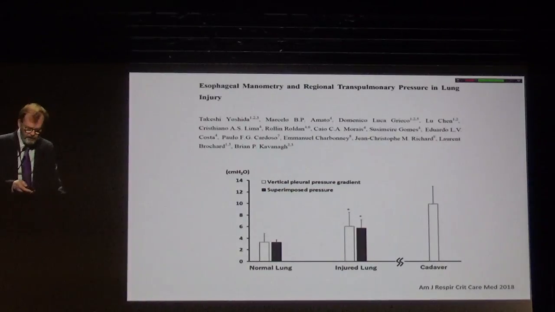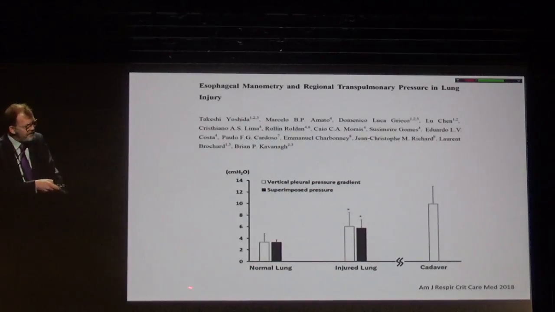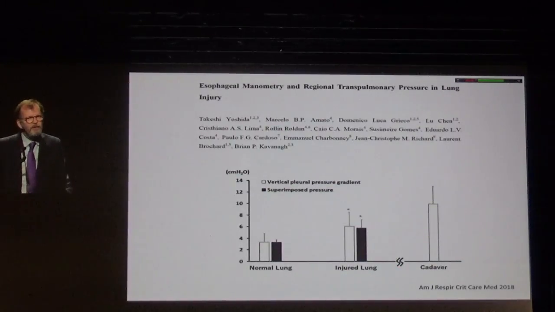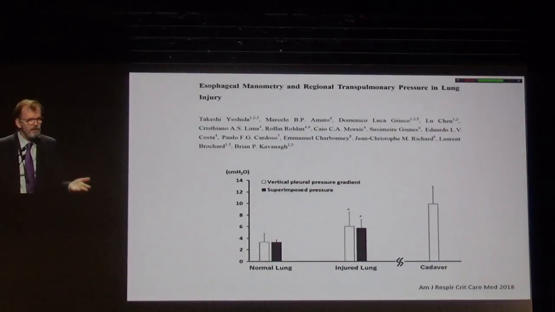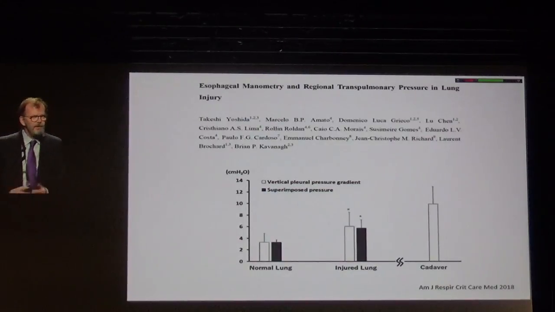So these are data from pigs with normal lung, with injured lung, and also these are data measured in human cadavers. It's a special preparation of the cadavers, so they keep their elasticity, but we thought it was important to also measure pleural pressure in human bodies because the shape of the chest wall and the body is not the same, of course, as in animals, even if we take large animals like pigs.